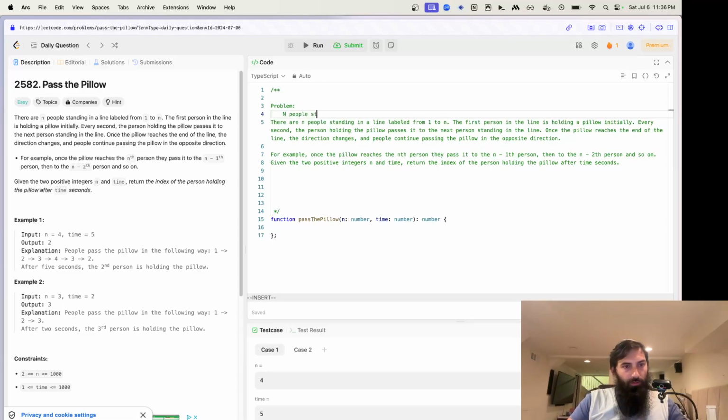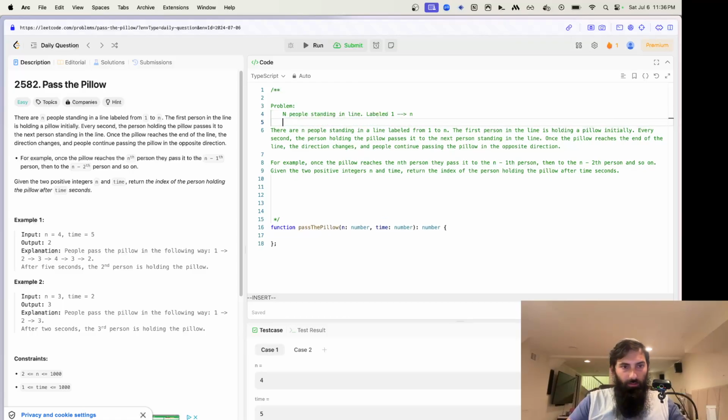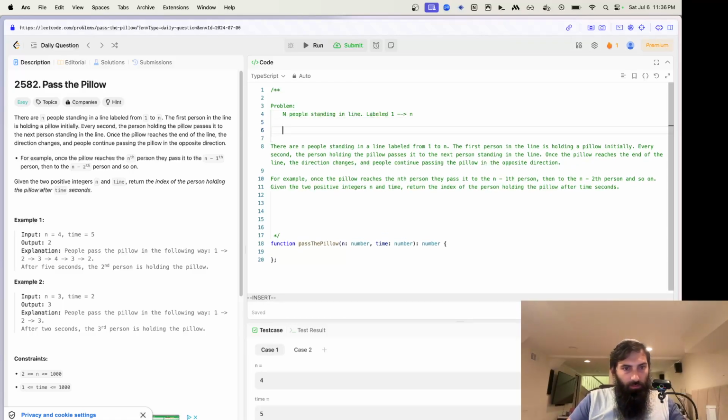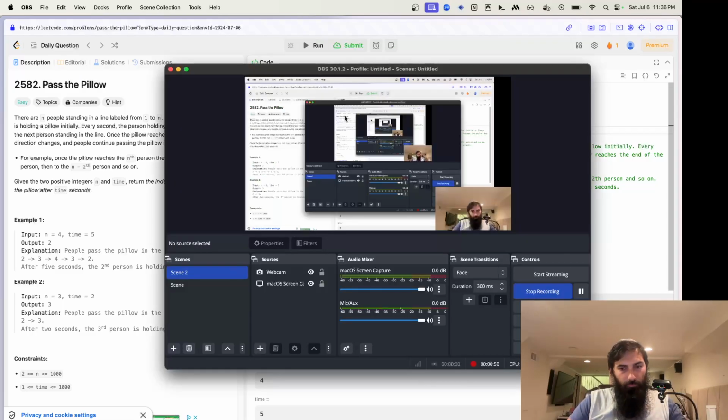N people standing in line, labeled 1 to N. Okay? First person holds pillow initially.